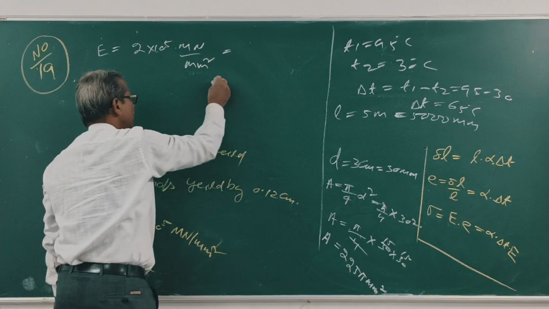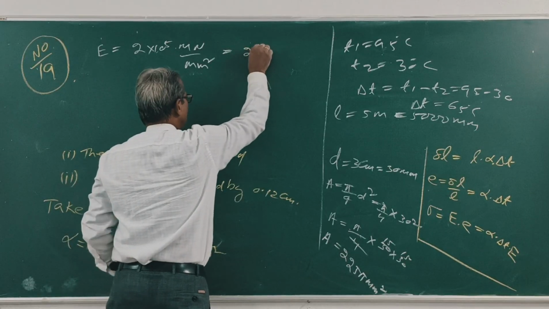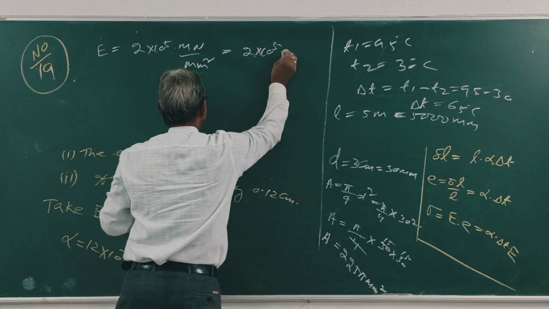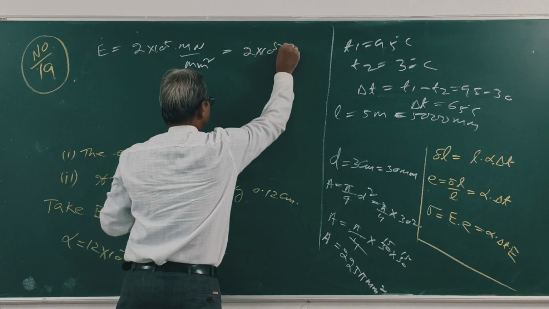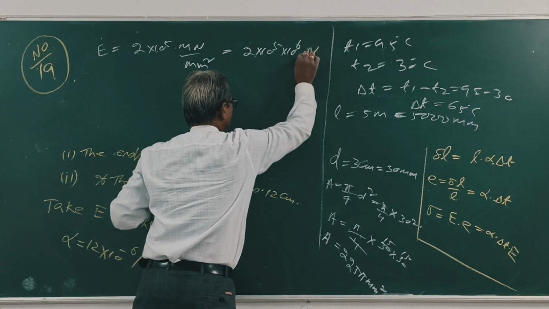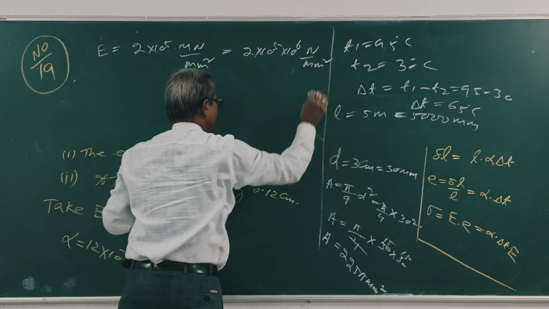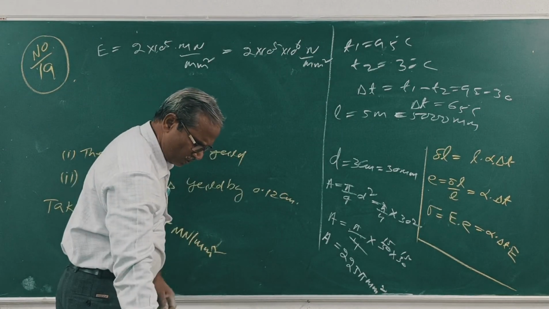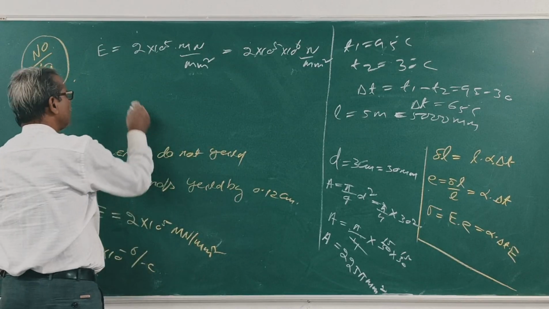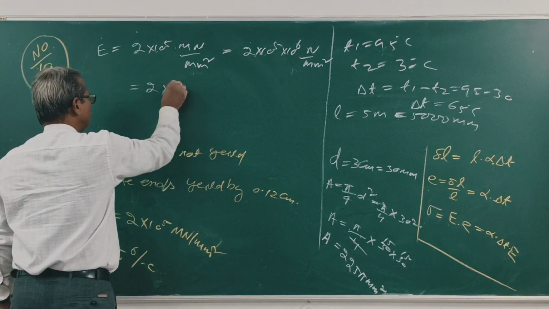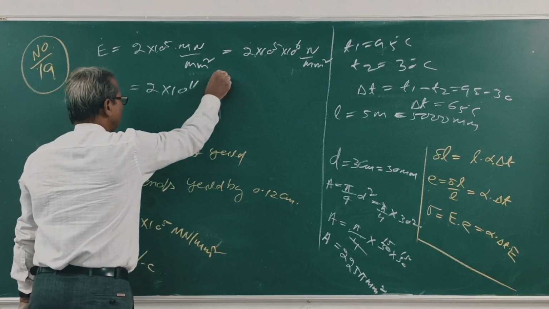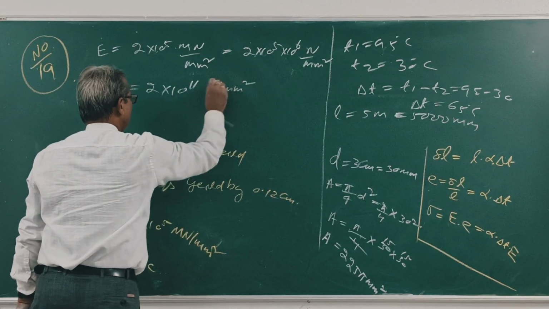This is equal to 2 into 10 to the 5 into 10 to the 6 Newton per mm square? Clear? So E is equal to 2 into 10 to the 11.